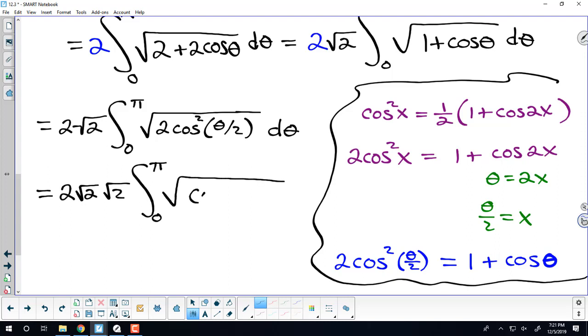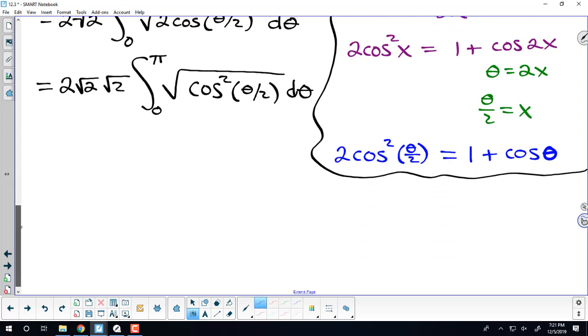And simplify this as the cosine of theta over 2. Cosine of theta over 2 has a period of what?